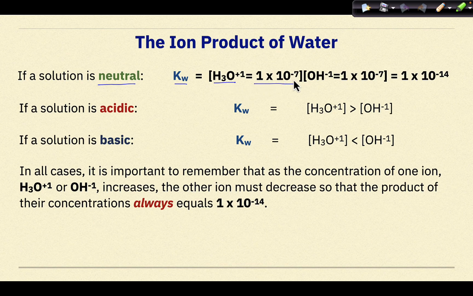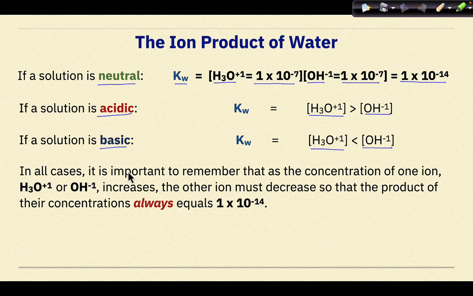If a solution is neutral, Kw is going to equal the concentration of the hydronium ion, which is 1 × 10⁻⁷, times the concentration of the hydroxide ion, which is also 1 × 10⁻⁷, which will equal 1 × 10⁻¹⁴. If a solution is acidic, the hydronium ion concentration will be greater than the hydroxide ion concentration. If a solution is basic, the hydronium ion concentration will be less than the hydroxide ion concentration.